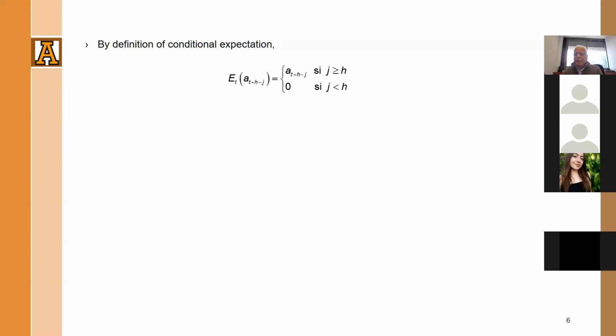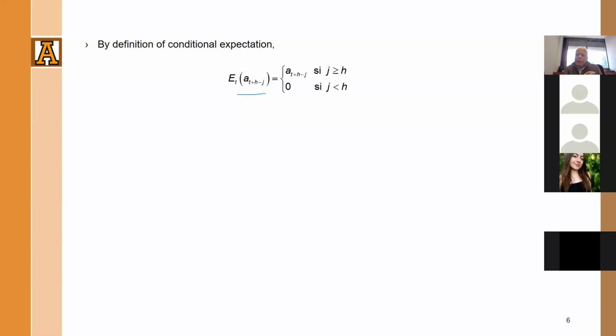Now, by the definition of conditional expectation, and given the properties of a sub t, the expected value of a_{t+h-j} will be a_{t+h-j} if j is greater than or equal to h. That is, if we are in the past, then the expected value is the error that we already had in the past.